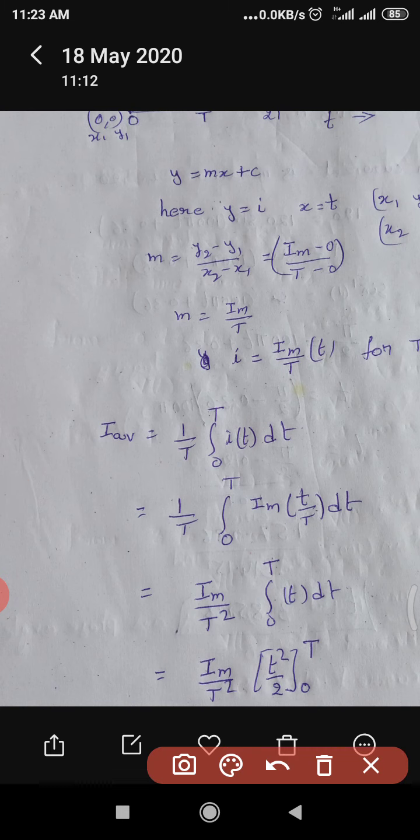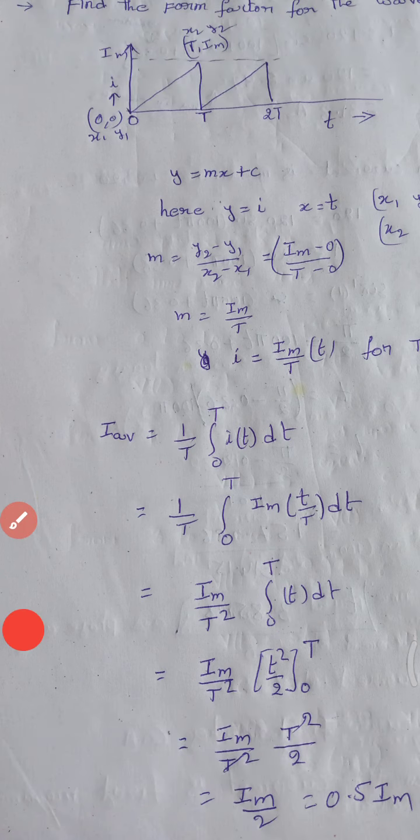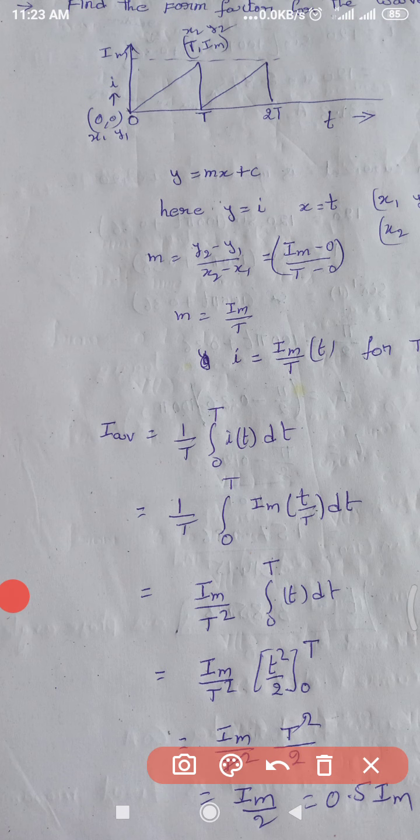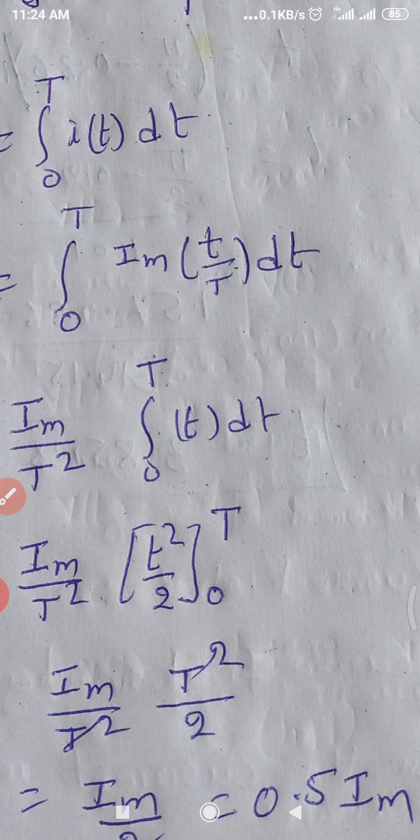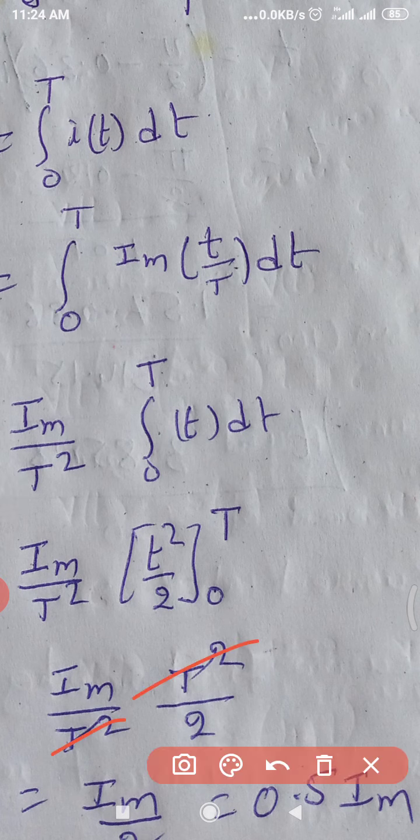If you simplify this, the integral of t into dt means t square by 2, and now we apply the limits 0 to T. If we apply the limits, we get Im by T square into T square by 2. This T square gets cancelled. Finally we are getting Im by 2.